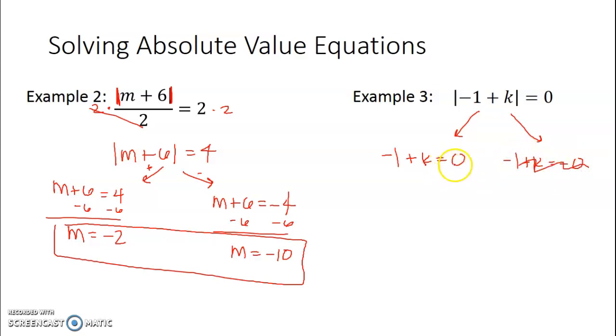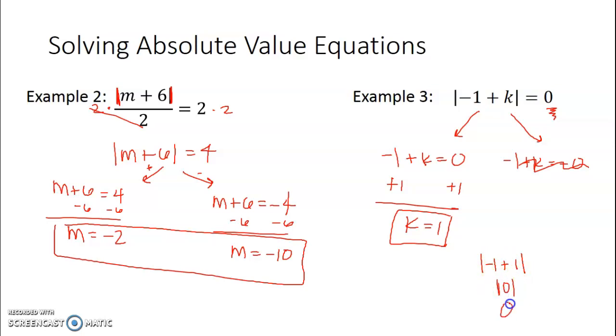I'm only going to get the 1, and that's just because it's the special one that has the 0 there. When I solve this, I add 1 to both sides. I get k equals 1. Again, make sure you're checking your answers. Negative 1 plus 1 is 0. 0 is 0 spaces away, so the absolute value of 0 is 0.